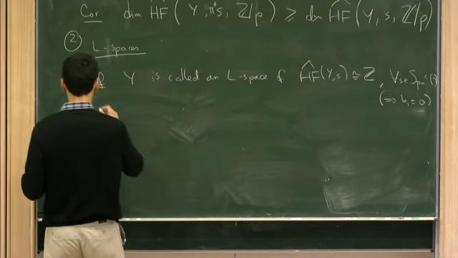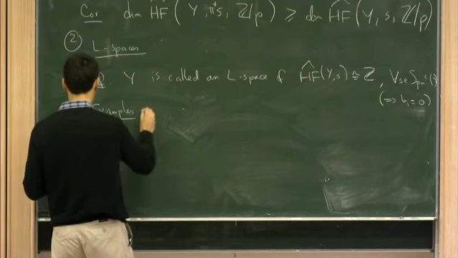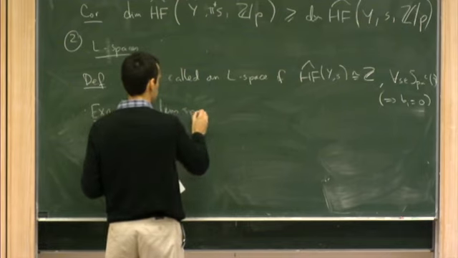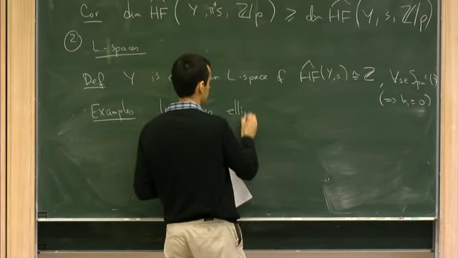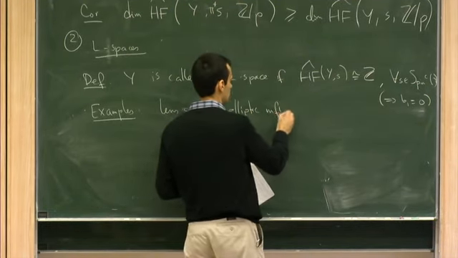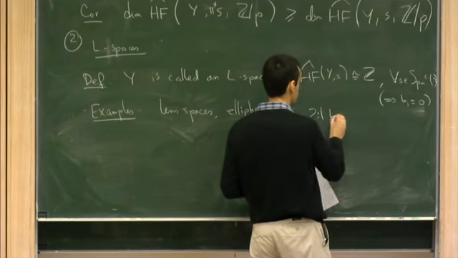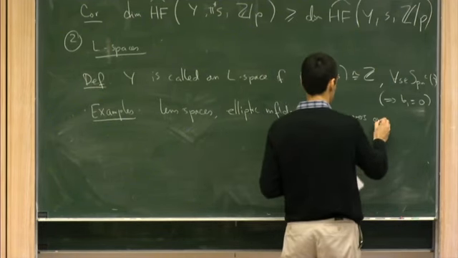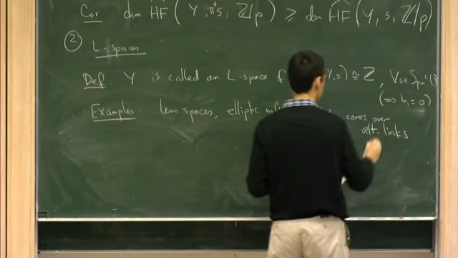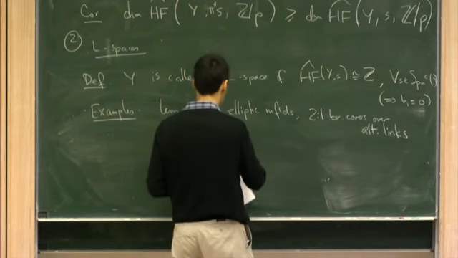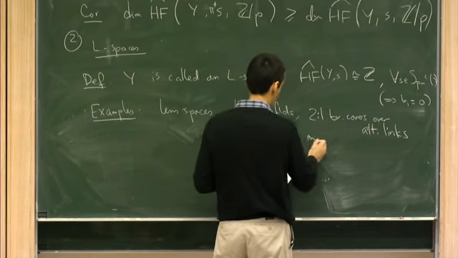And examples. Well, lens spaces were the model, that's where the name comes from, just more generally elliptic manifolds, so those covered by S^3, double branched covers over alternating links, and large surgeries on L space knots.